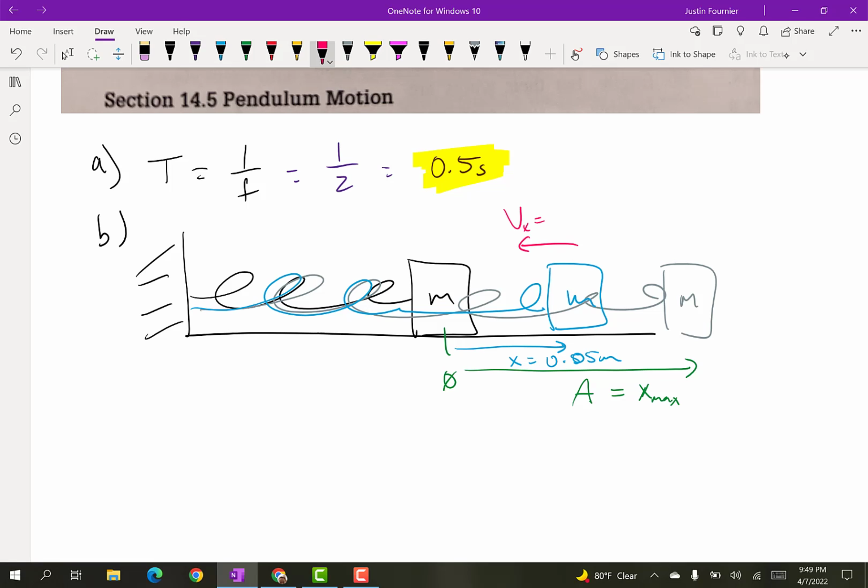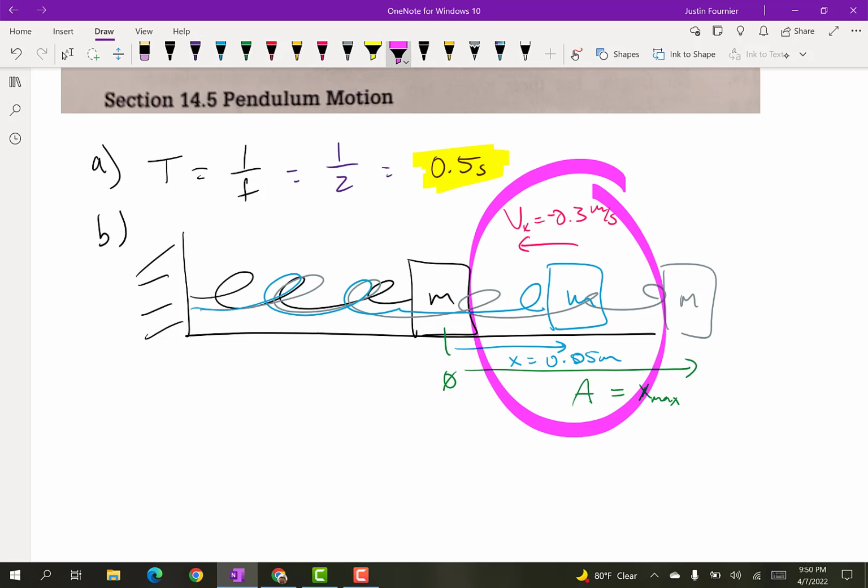So that's the velocity at that point, which is negative 0.3 meters per second, or 30 centimeters per second. Okay, so I'm going to say this here is my final moment. And then here, where it's at its maximum displacement, that's my initial moment.